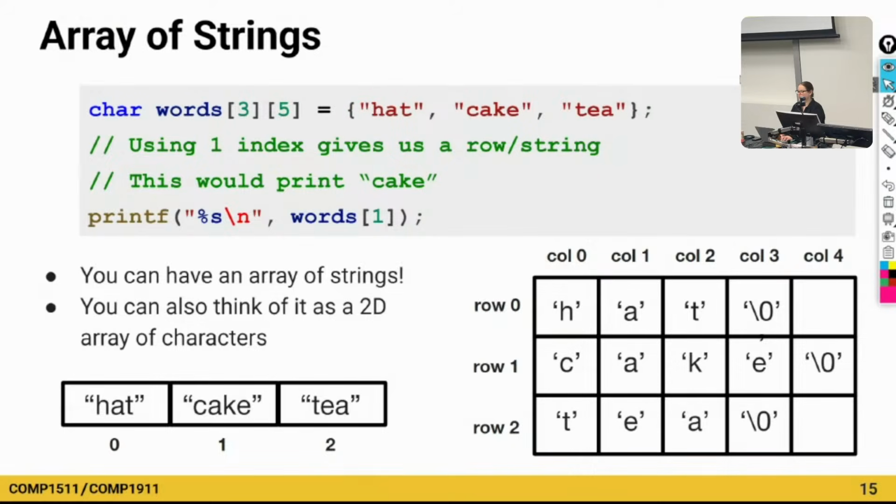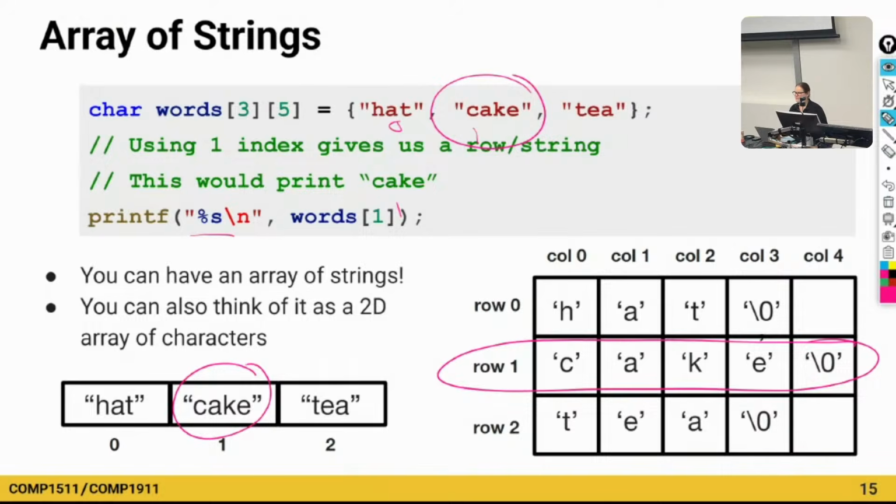So if I wanted to, I can just go to index 1, for example, and that's going to give me a whole row or a whole string. So I could say, go to words at index 1 and print it with %s. That's going to print the whole string cake.